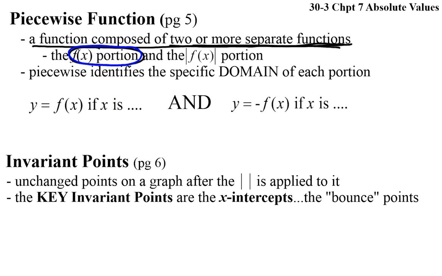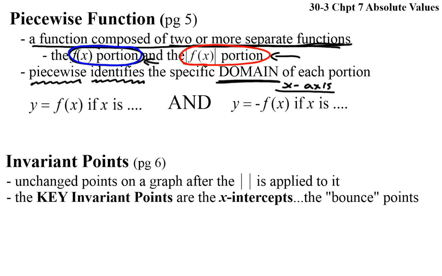The f of x part didn't change. But then we ended up with the absolute portion, which had to change from the original. So piecewise is saying we need to identify the domain. What part of the x-axis creates the 2 different portions?